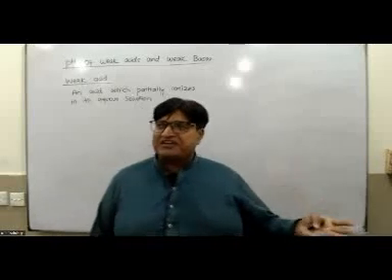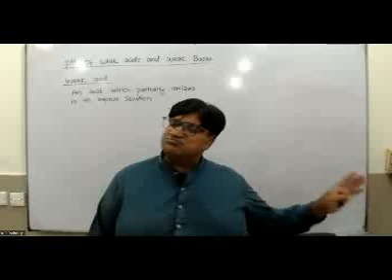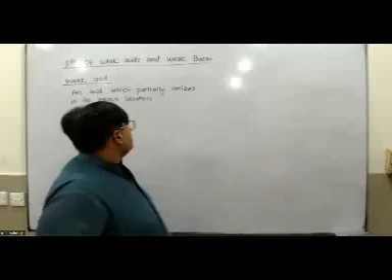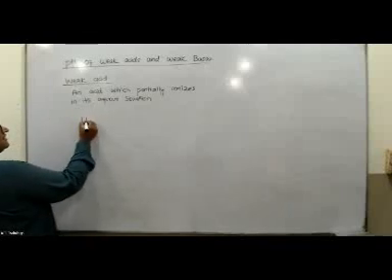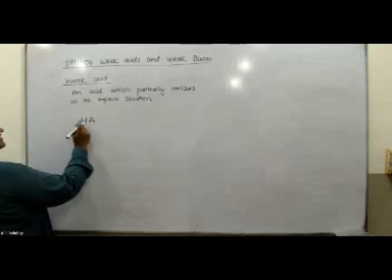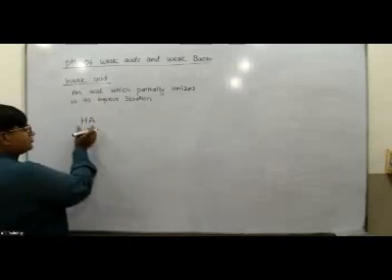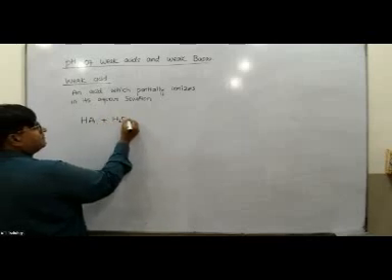Like phosphoric acid, ethanoic acid, citric acid, whatever the name of the acid given, that would be a weak acid. So I'm going to take a supposed acid like HA. A stands for acid, H for the hydrogen ion that it produces. If you put this HA into water, what would happen?